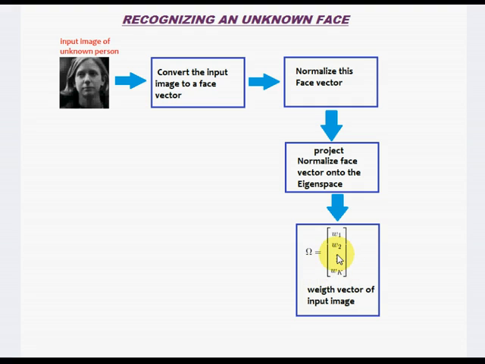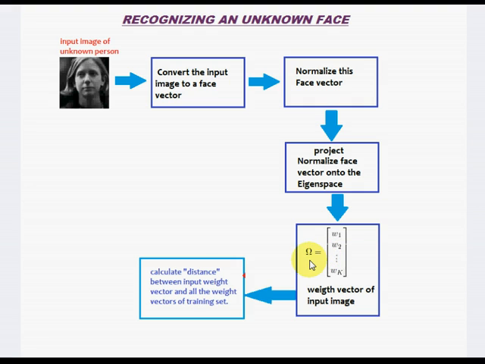Now that we have our weight vector, we need to compare it to those of the images and faces in the training set. So once we have the weight vector of this unknown face, we are going to compare it with each of the weight vectors of the faces in the training set and calculate the distance between them.